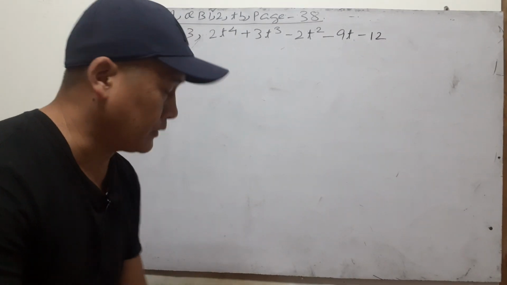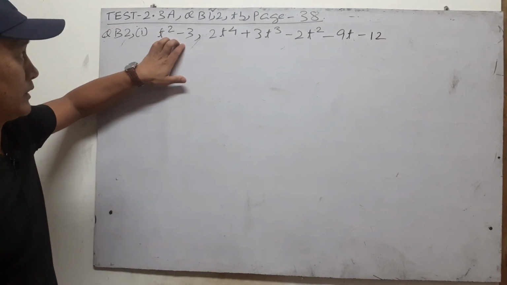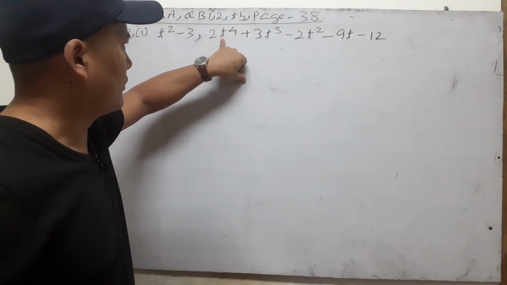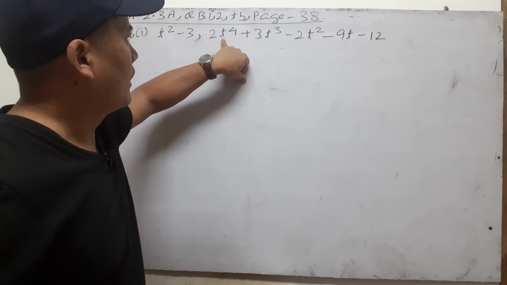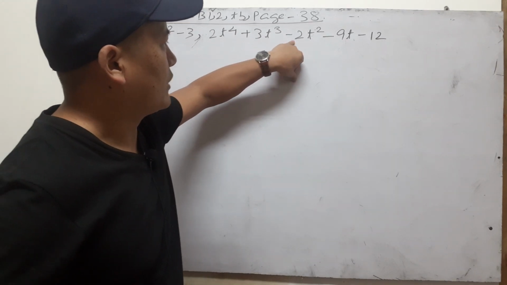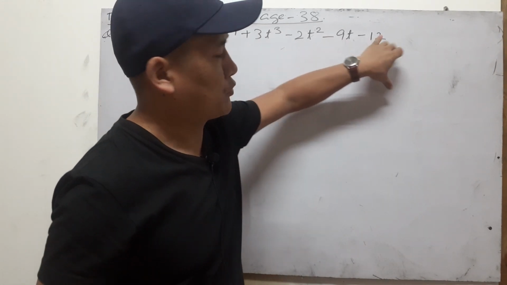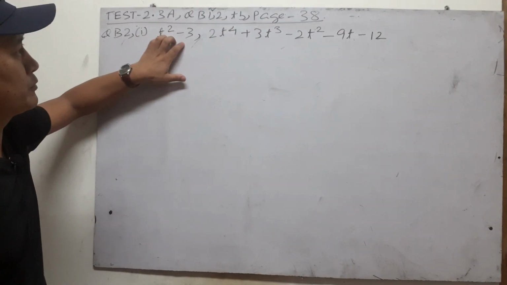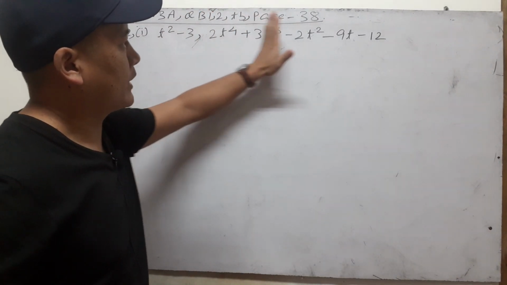So how do we check whether the first polynomial t square minus 3 is a factor of the second polynomial 2t to the power 4 plus 3t cube minus 2t square minus 9t minus 12? Is this t square minus 3, the first polynomial, a factor of this second polynomial?